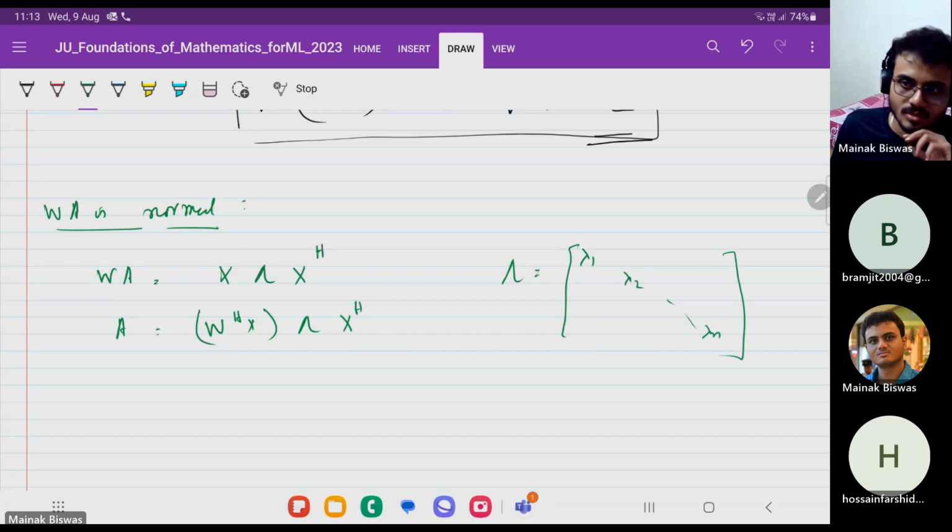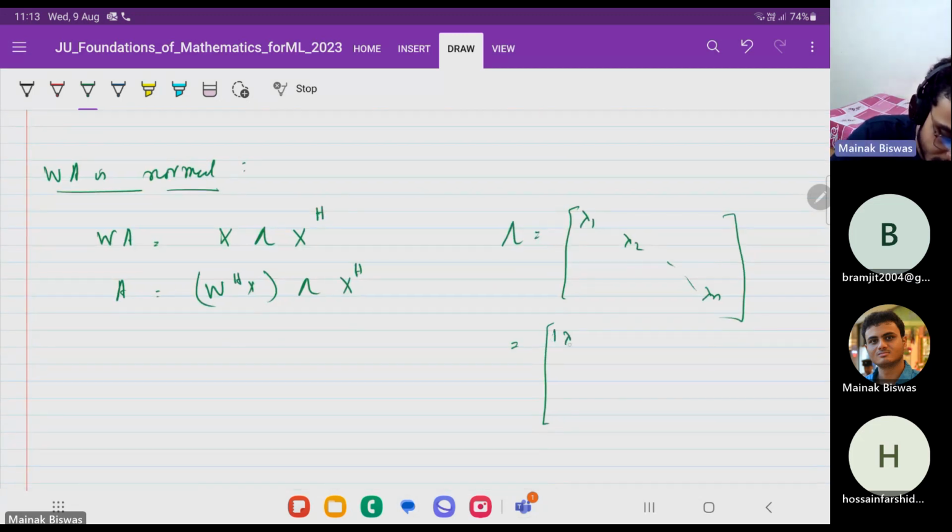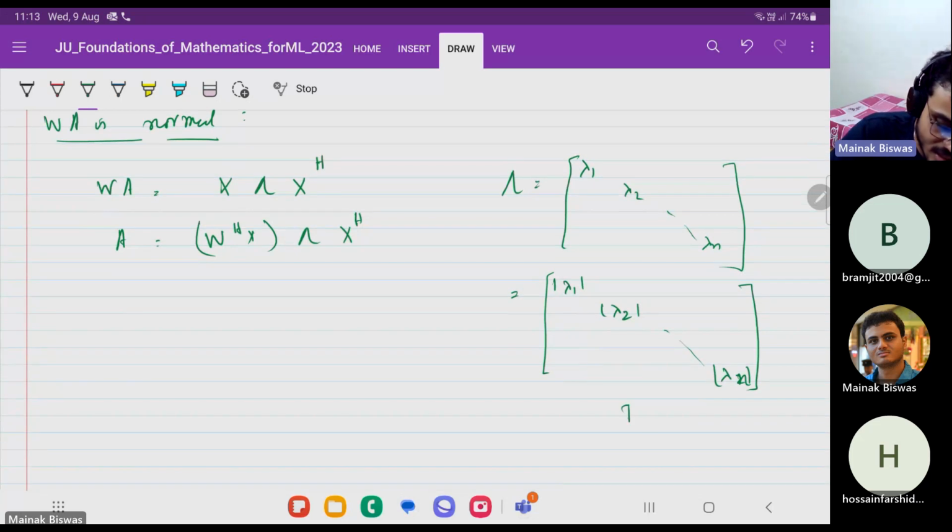So if I convert this to this form, lambda 1, lambda 2, where I only take the magnitude, I can do that. And I will have another diagonal element D, this is your, say, mod sigma. And I will have another diagonal element which will be e to the power of i theta 1, e to the power of i theta 2. I can do that.